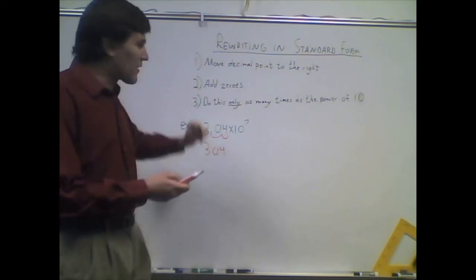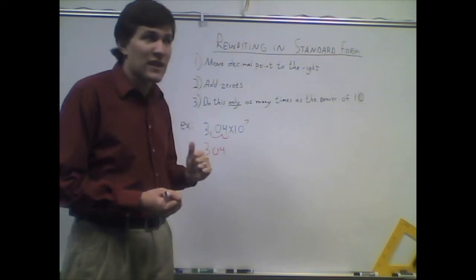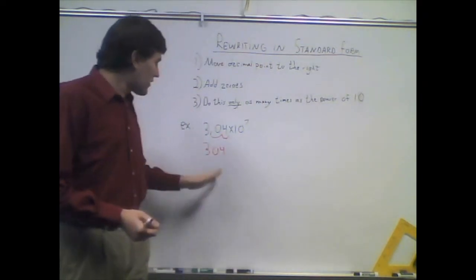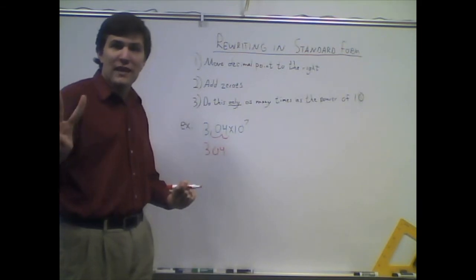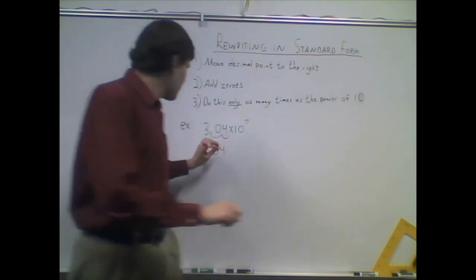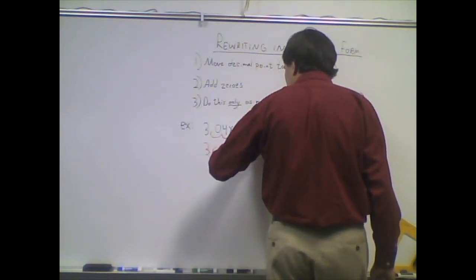But we need to be very careful at this third note. We do this only as many times as we have a power of 10. So we start off by moving the decimal place twice. That takes care of two of our powers of 10. So we go 2, 3, 4, 5, 6, 7.